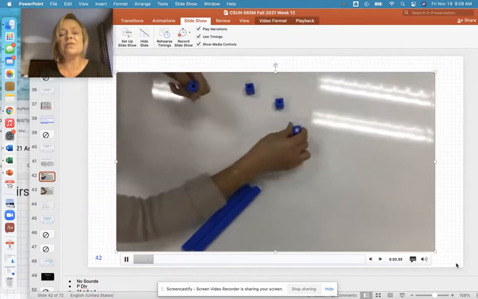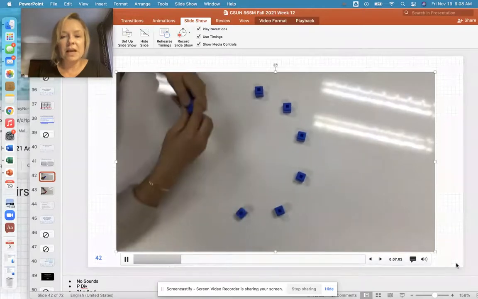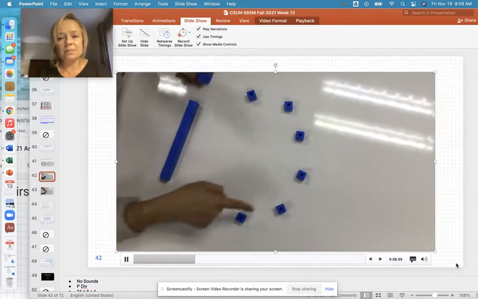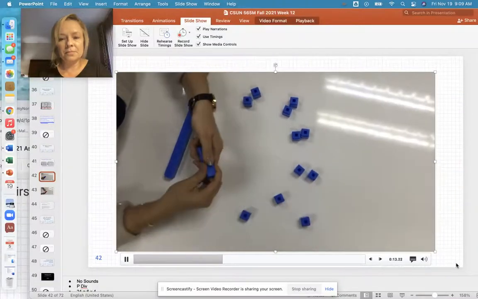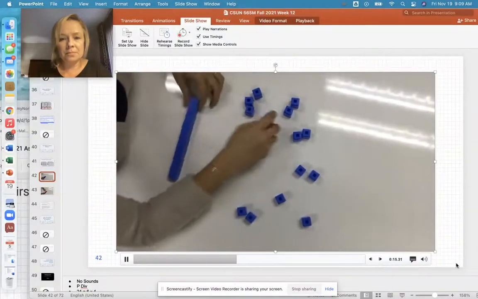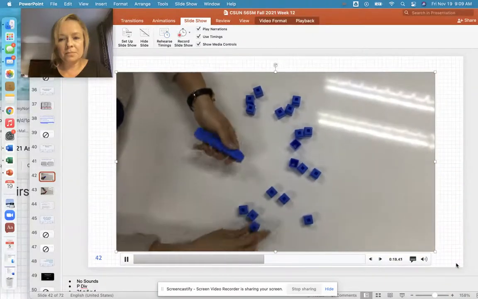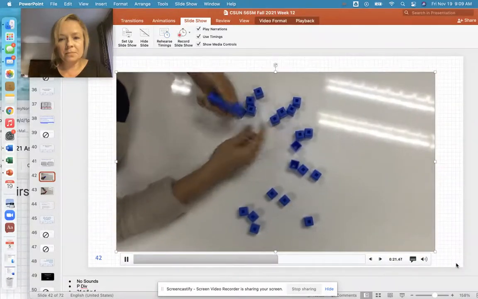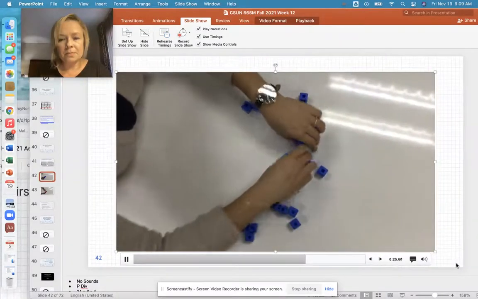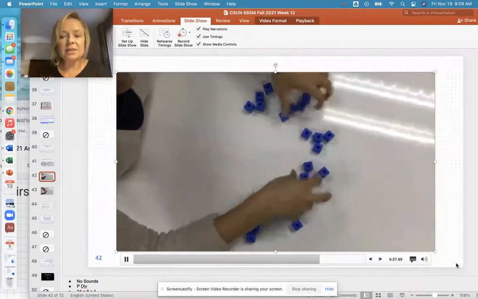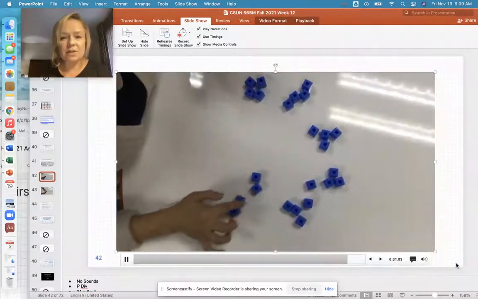So 24 divided by 6. You see she's setting out her 6 groups. And she has created 6 groups of 4 in response to the problem 24 divided by 6.